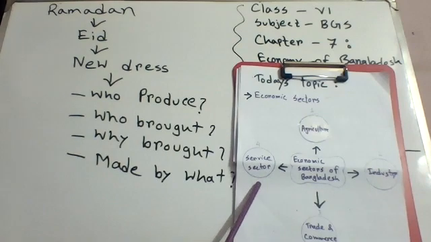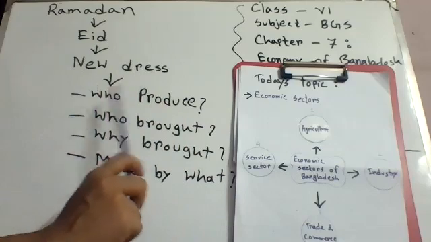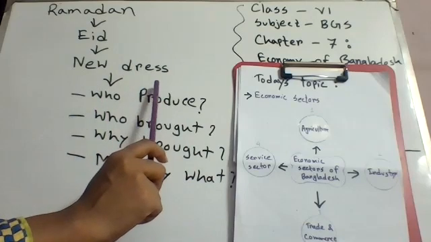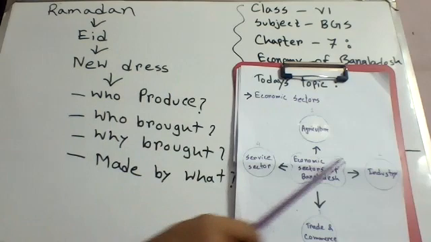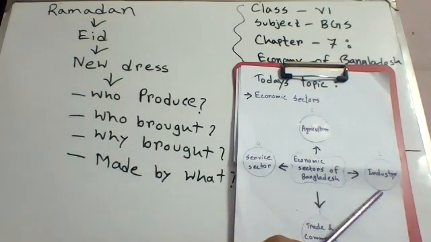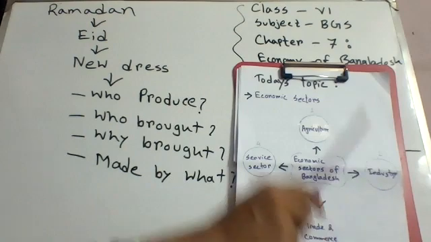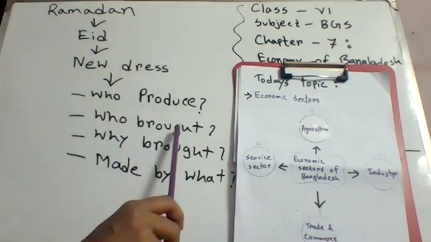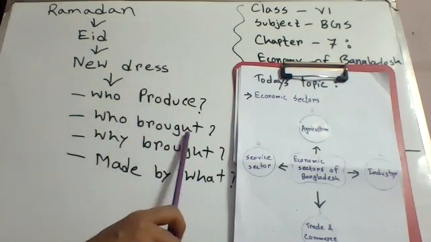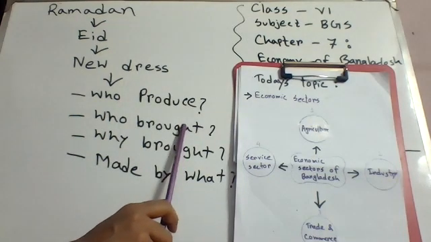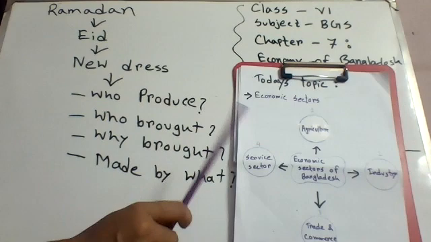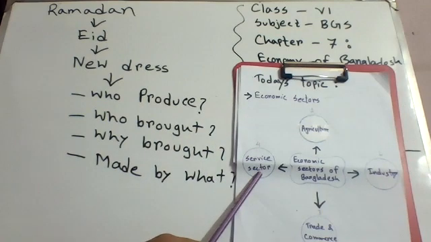And our questions were, who produced the dress? Dresses are produced in a factory and it's a part of industrial sector. Our second question was, who has brought the dress in market? The workers of service sector bring the dresses and all raw materials of industrial sector from here to there.